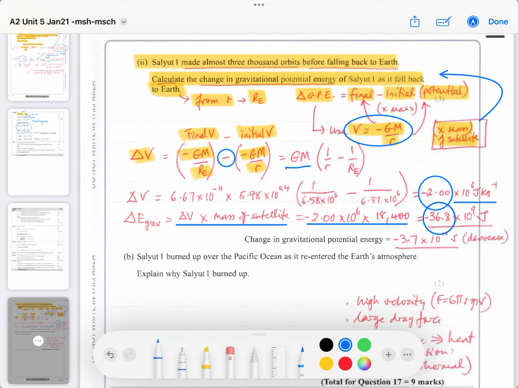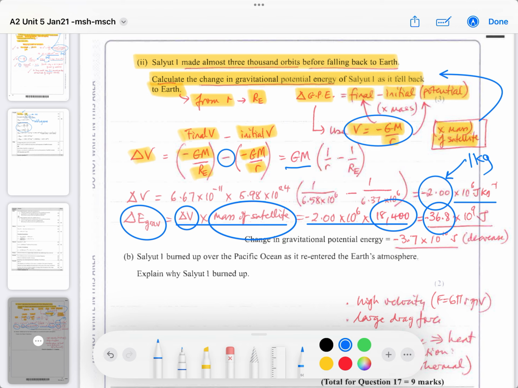If it was 1 kilogram, it would be this. That's for 1 kg. Multiplied by 18,400, and you get the change in potential energy. So delta E grav is the change in potential multiplied by the mass of the object that's orbiting.